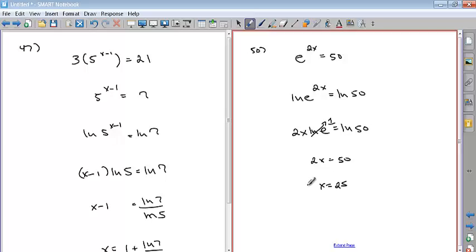Something's wrong there, that's way too big. I forgot this is the natural log of 50. So x is equal to the natural log of 50 divided by 2, which is 1.956. If I go back to the original equation and say e to the 2 times 1.956, I get 49.999.